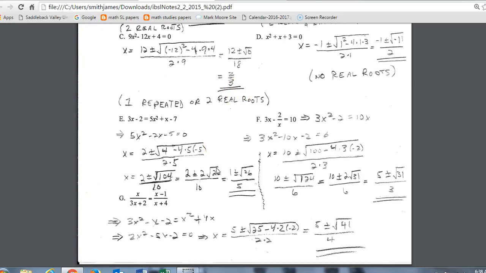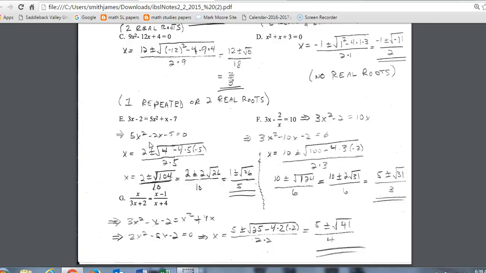For these last three, these are just cases where you've got to do a little side work before doing the quadratic formula. So you've got to get to the standard look that you see here, where everything is on one side so that the entire thing equals 0 before you start plugging numbers into the quadratic formula.